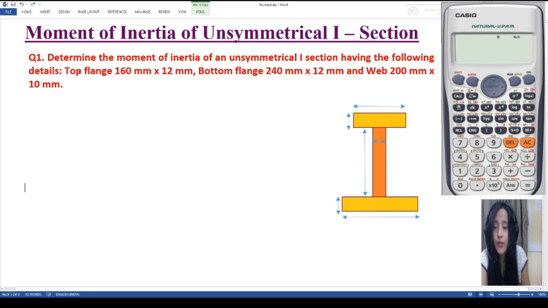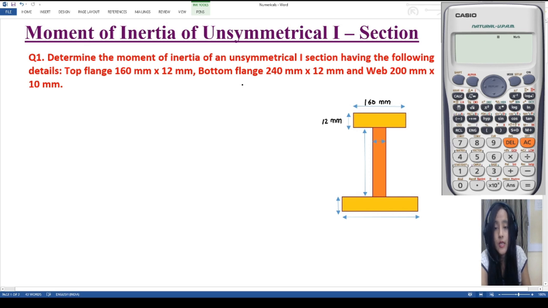Determine the moment of inertia of an unsymmetrical I section having the following details. Top flange, so this is my top flange here, its dimension is given 160 mm into 12 mm. So this is my top flange, its width is 160 mm and its depth is equal to 12 mm.